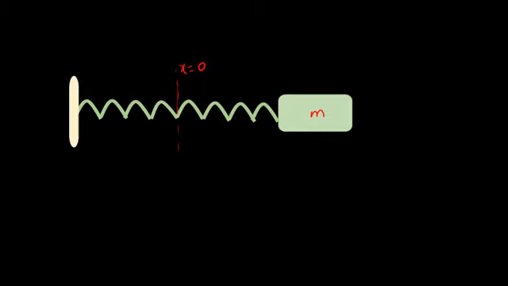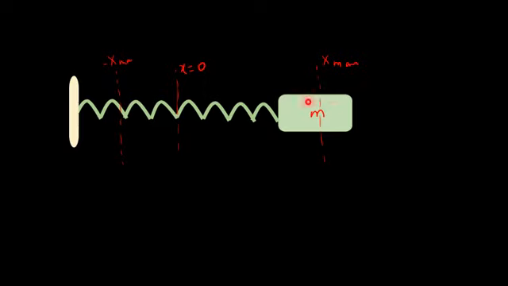Suppose this is the maximum position in the positive x direction and this is the maximum position in the negative x direction. Now when we stretch or compress the spring, this block will oscillate between these two points.